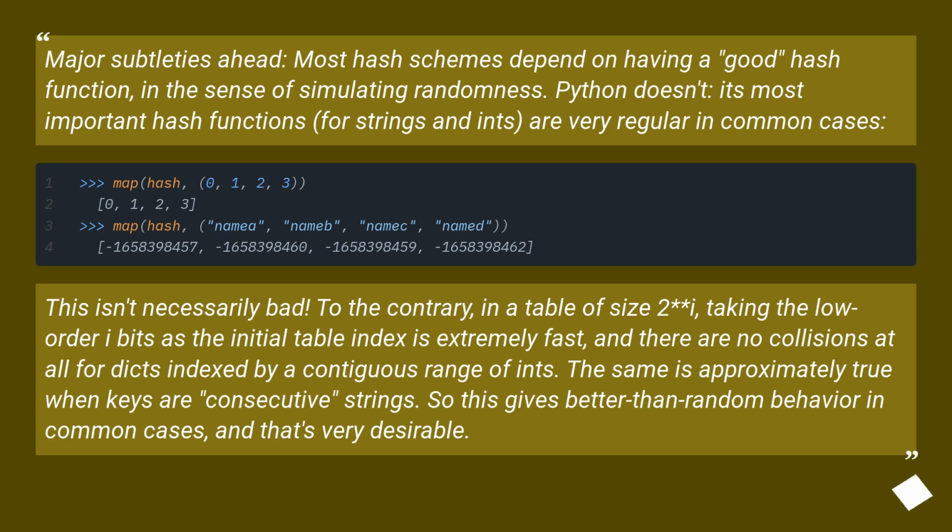This isn't necessarily bad. To the contrary, in a table of size 2**i, taking the low order i bits as the initial table index is extremely fast, and there are no collisions at all for dicts indexed by a contiguous range of ints. The same is approximately true when keys are consecutive strings. So this gives better than random behavior in common cases, and that's very desirable.